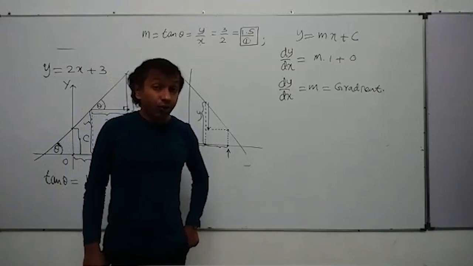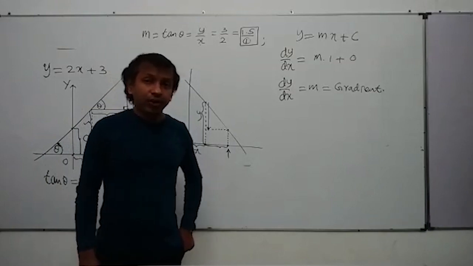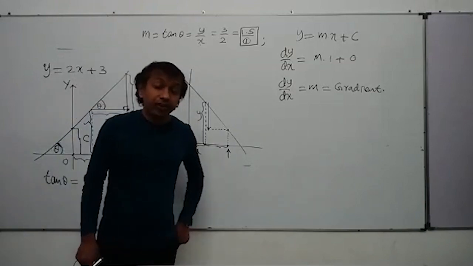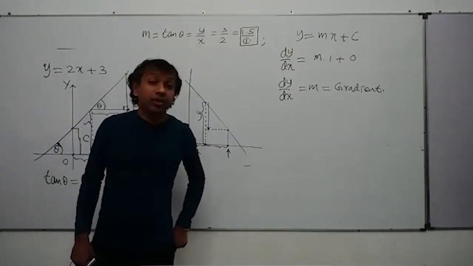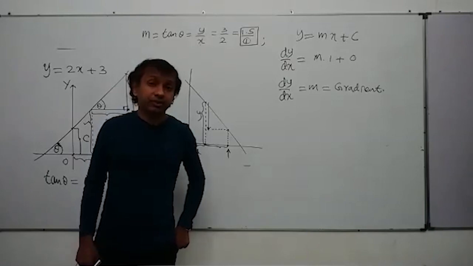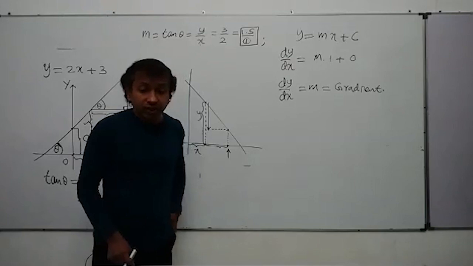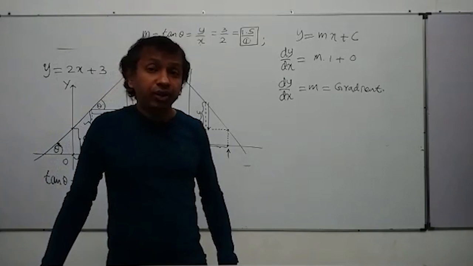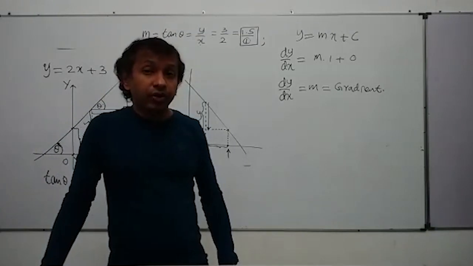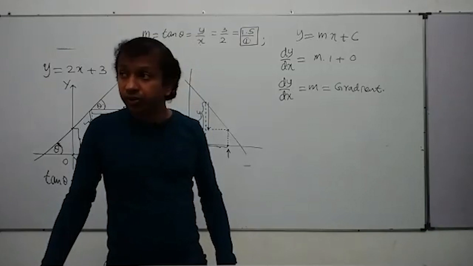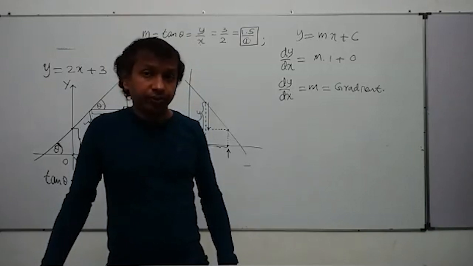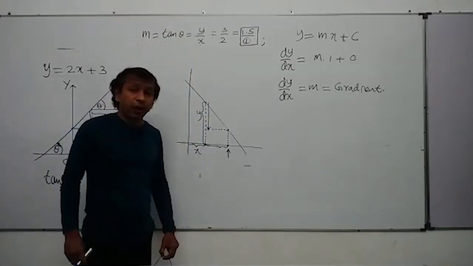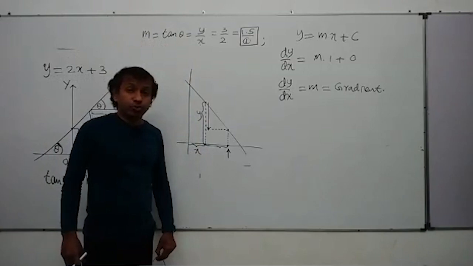So by finding dy by dx, we have found the gradient function for a given equation of a graph. Since the gradient means the rate of change of y with respect to x, we have found that rate of change of y with respect to x.